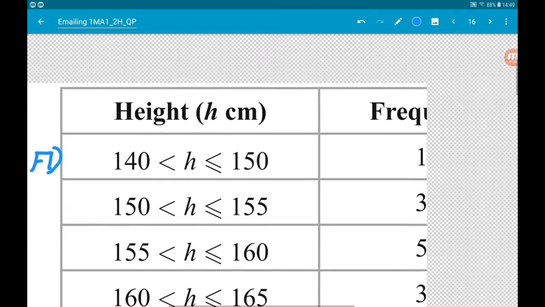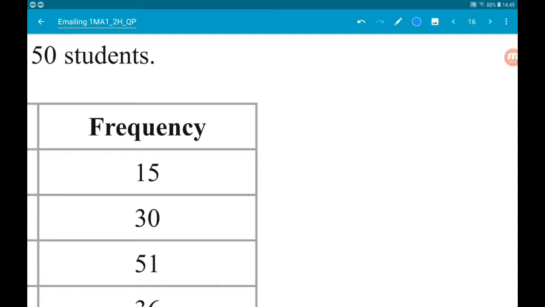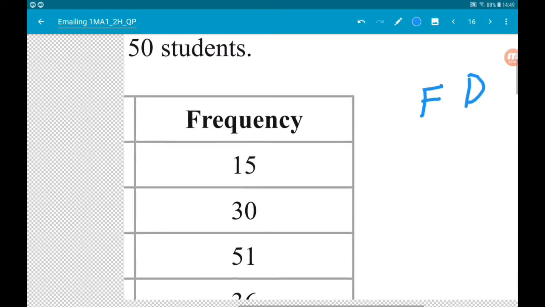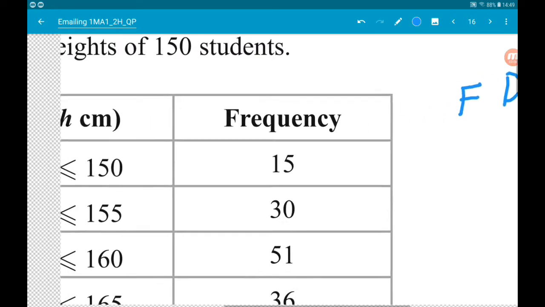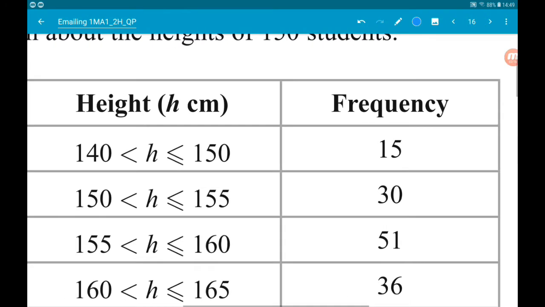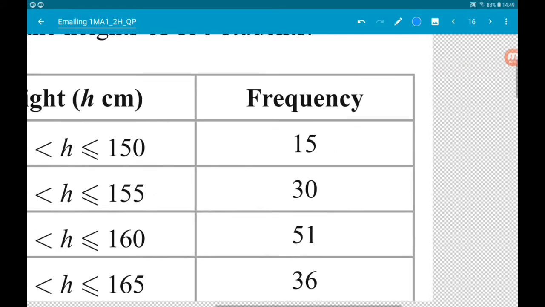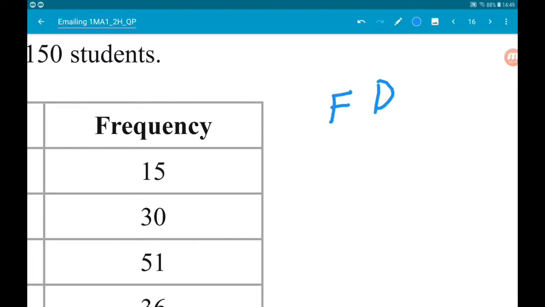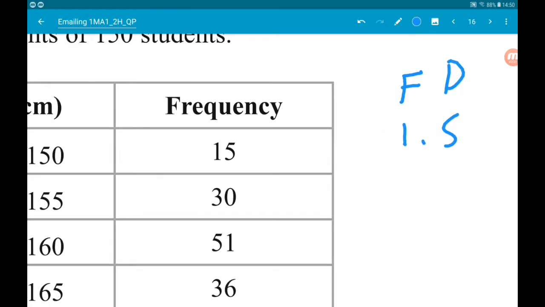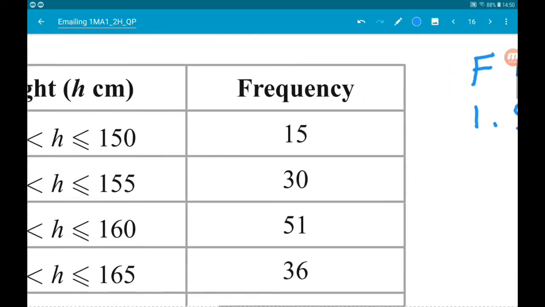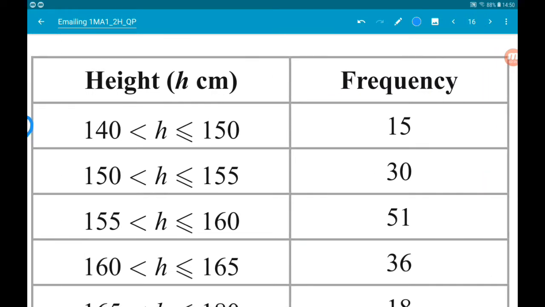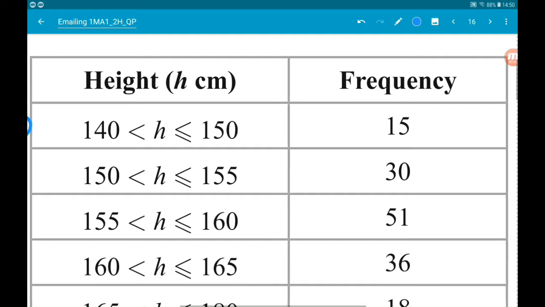So for this top one, we are doing 15 divided by 10, which is 1.5. Next one, we are doing 30 divided by 5, that's 6.